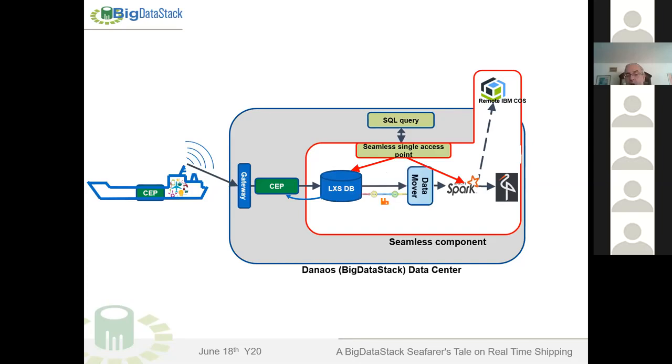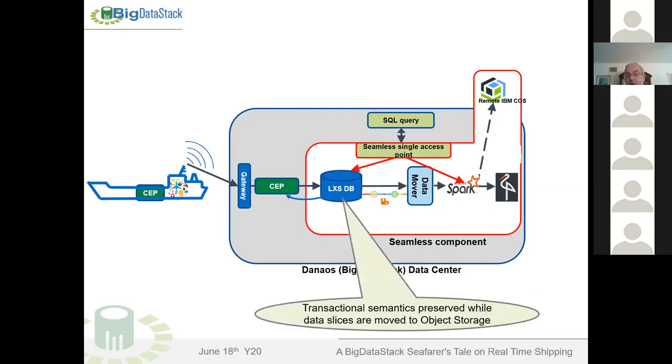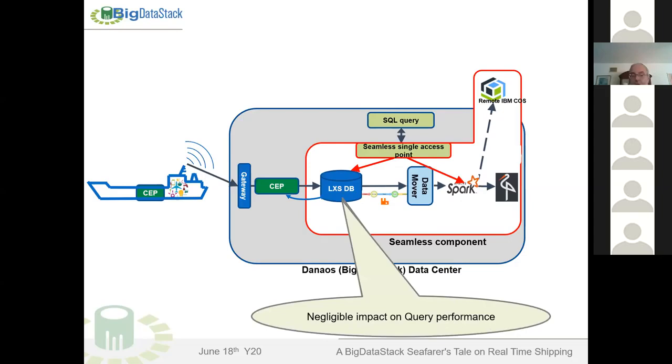For doing all this, obviously we need a component which moves data from the database to the object storage. This is done through the data mover, which periodically moves historical data slices. Now, it is important to see that the transactional semantics are preserved even when data slices are moved to the object storage, and also this has negligible impact on query performance, which is not a small feat.